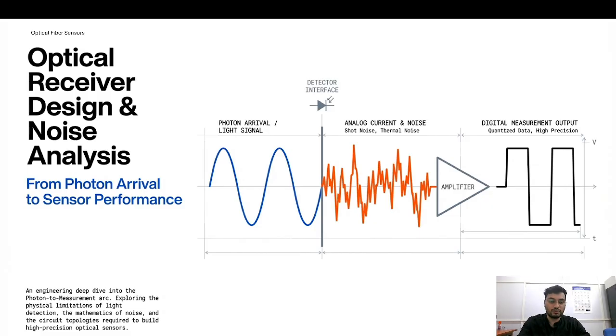We should take care of those things to achieve proper sensing in the optical devices.